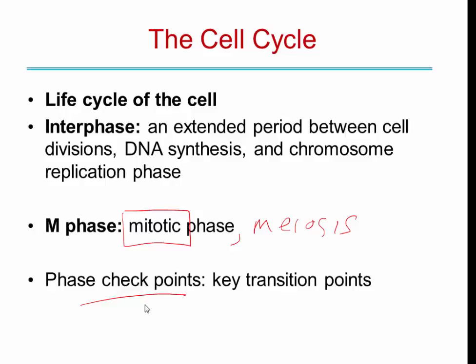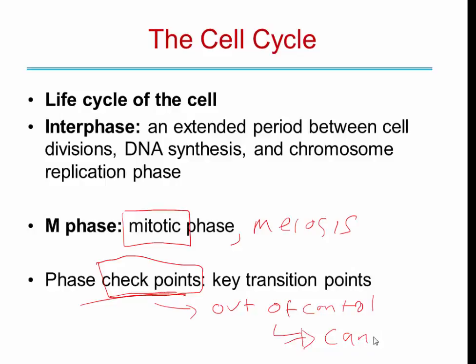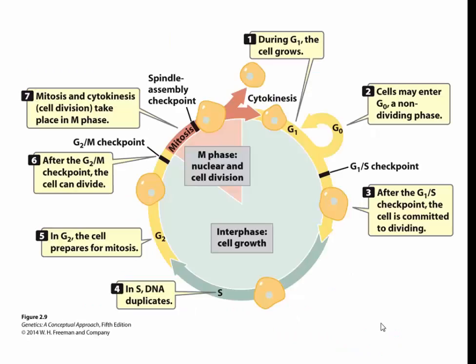But checkpoints are important because they keep the cell cycle under control. A checkpoint is sort of like checking to make sure the cell is ready to divide. If it's not ready to divide and divides anyways, very simplistically, we call that cancer. There's at least a step towards cancer. I'm not going to talk a lot about that right now. We're going to talk a whole lot about it later in the semester. It's very interesting.